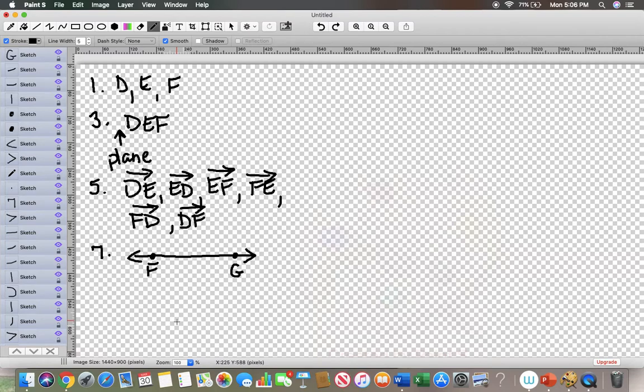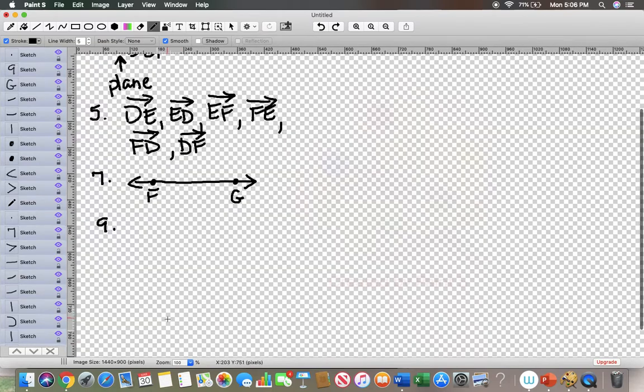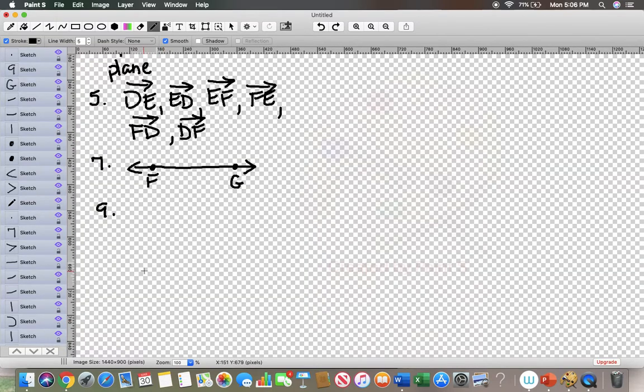Moving on to page 489, let's take a look at number 9. Name a line that passes through point C. So the line has to go through point C. There's actually a couple of different answers you could have gotten. All it says is to name one, so one will be accepted.